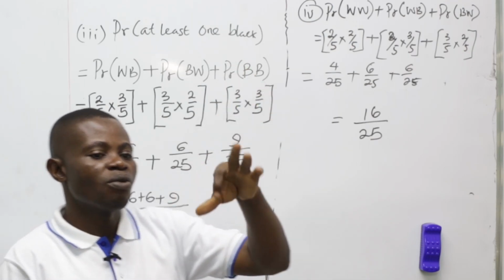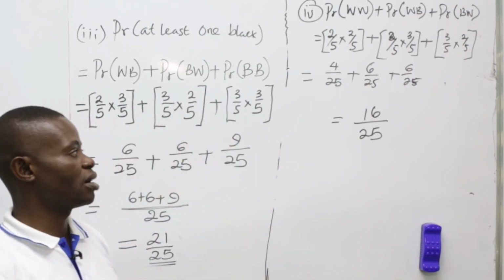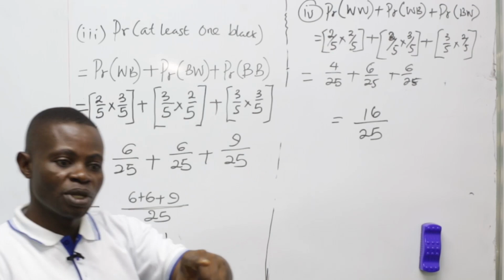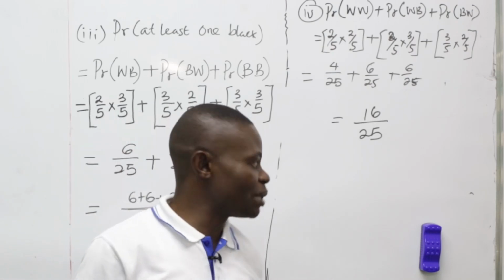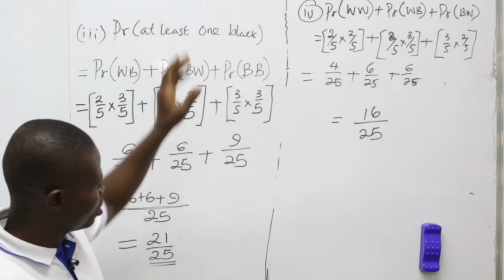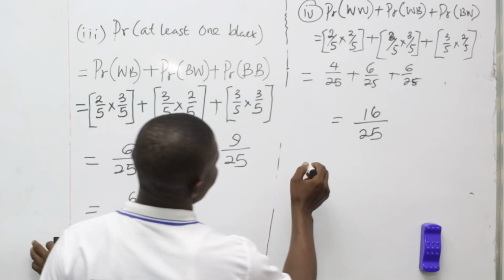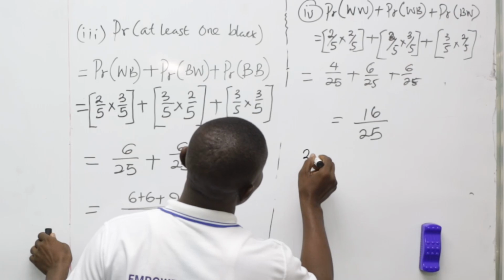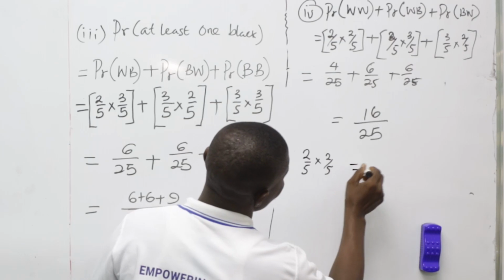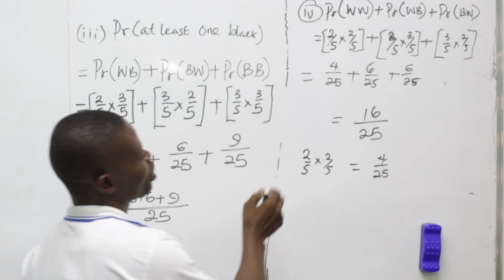Or that's 1 minus at least 1 white. 1 minus the probability of at least 1 white will give us the probability of at most 1 black. So if you want to do it that way, that's white white all through. Like we know, our white is 2 over 5 times 2 over 5, which will give us what? 4 over 25, okay? Now, you don't want to stress yourself.